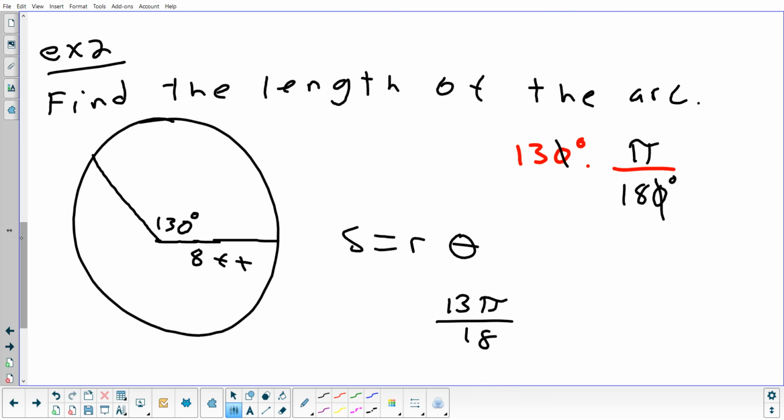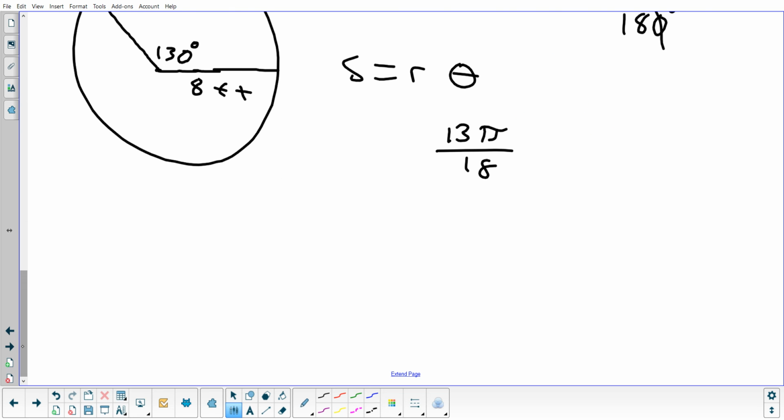Kavani, what else did they give me in this problem? The radius. They gave me the radius, and how much is that? 8 feet. 8 feet. So multiply by 8. Again, if you want to make it a fraction, you can. And that's going to give me the arc length. Noah, before I multiply, is there anything here that I can do to simplify it a little bit?